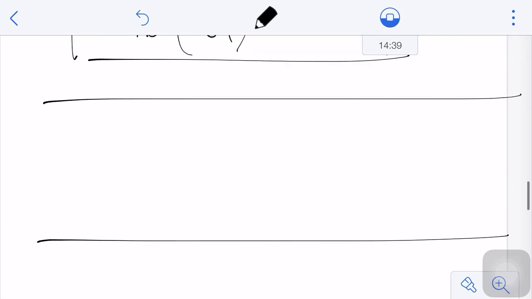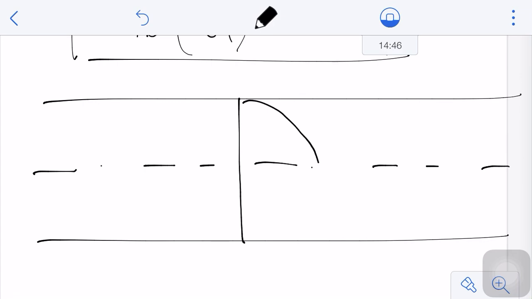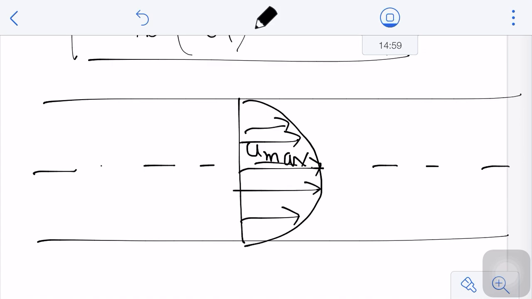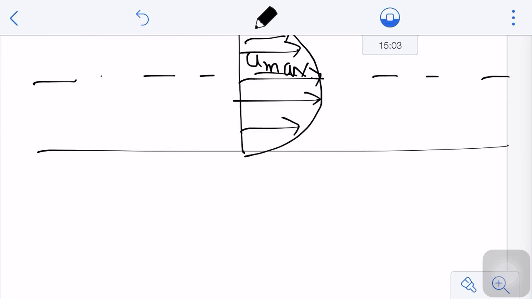If this is the pipe and this is the center line of the pipe, as per this equation your velocity distribution is parabolic. So, you will get the maximum velocity at the center of the pipe, which is u max, and as you move from the center towards the surface of the pipe, your velocity will decrease. So this is your velocity distribution diagram.